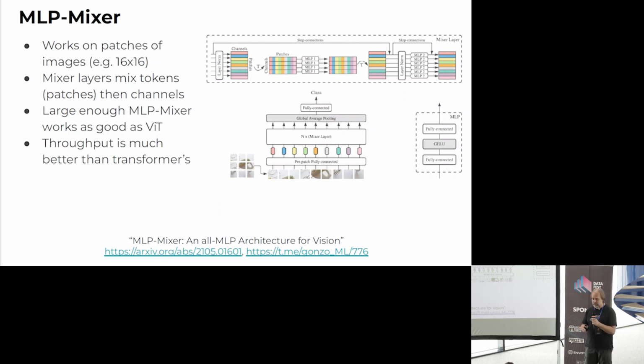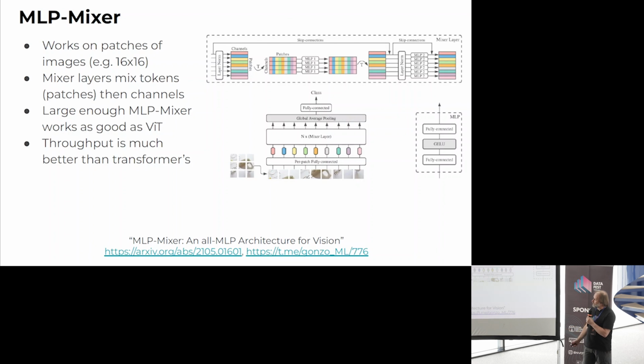This way you account for both inter-token interaction and inside-token interaction. And finally they found that the quality was really good, and you don't need a transformer to obtain the best possible quality. You can achieve it with almost vanilla, not really vanilla, but pretty old architecture.